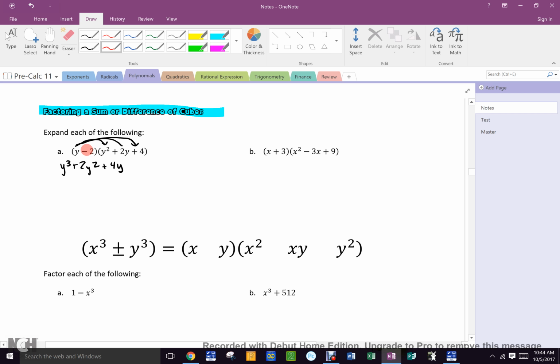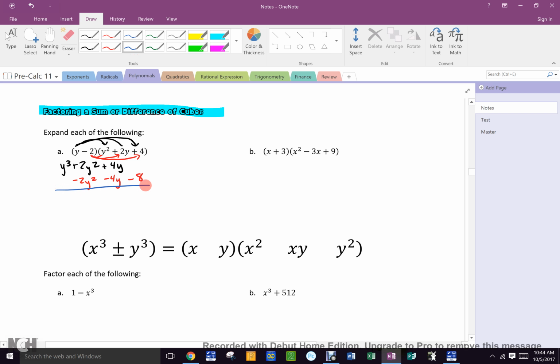Now, because it's a new term, I'm going to write it on a new line. 2 times y squared is negative 2y squared, and I put the y squareds together. The next one is negative 4y, and I put the y's together. And then minus 8. And I put the constant with the other constant. Since there isn't another constant, it makes that.